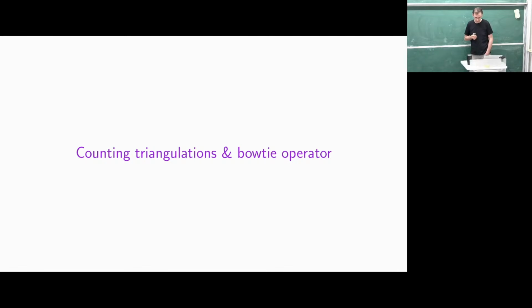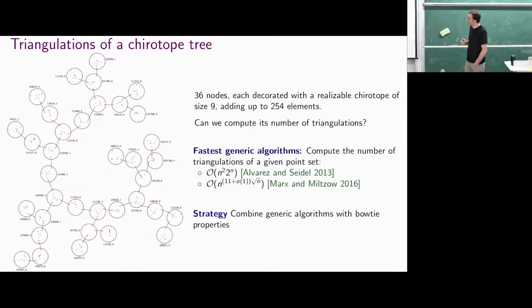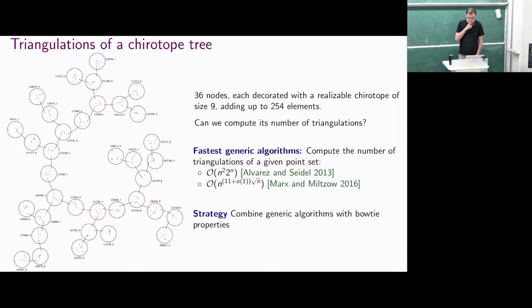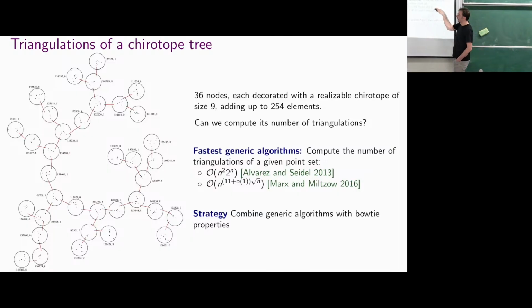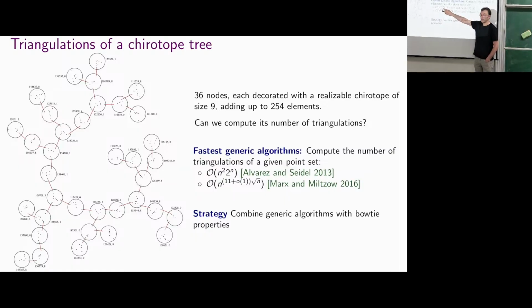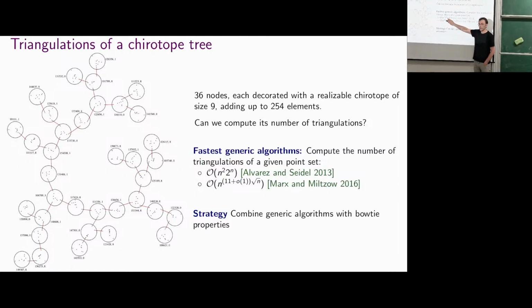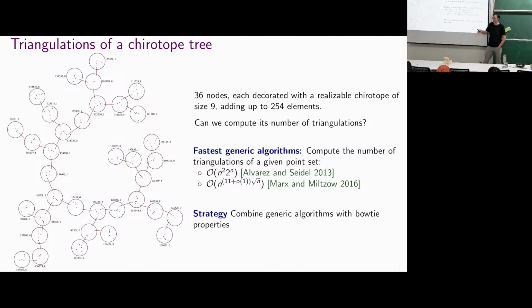So one thing we can use this for is counting triangulations. How can we count triangulations of a point set? It's not a completely trivial problem. There's a very nice, beautiful algorithm by Alvarez and Seidel, and it does something non-trivial, because remember that every point set has at least 2.63 to the n triangulations, so we can count them faster than just enumerating them.